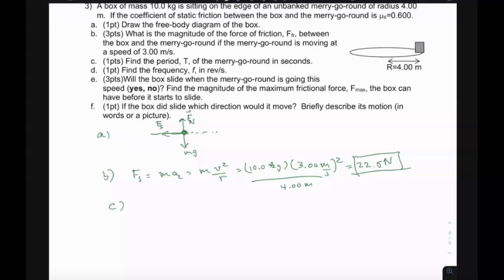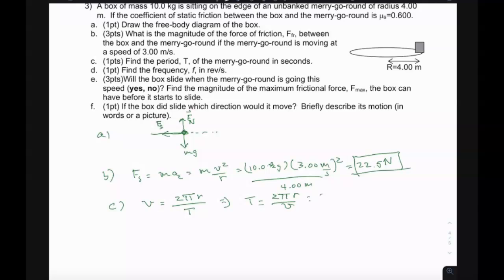And we know an object undergoing uniform circular motion, as this one is, has a velocity equal to the distance around one revolution, 2 pi r, divided by the time for one revolution, which is the period. So this means that the period is equal to 2 pi r over the velocity.